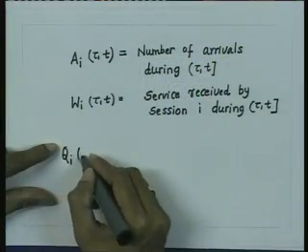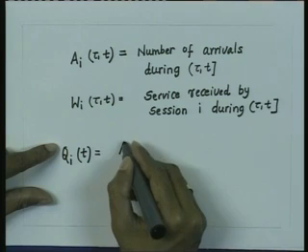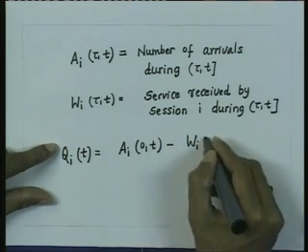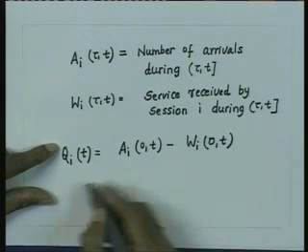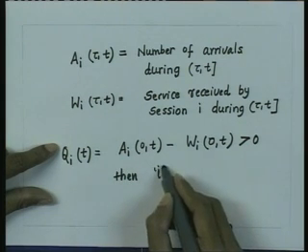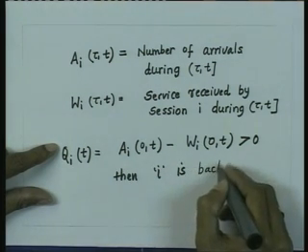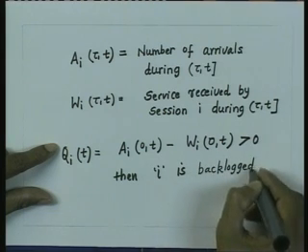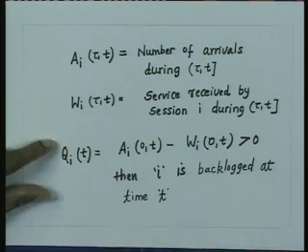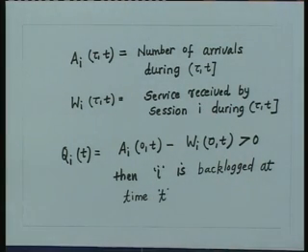We say that a session is backlogged, where Q_i(t) is defined as the number of arrivals from 0 to t minus the number of departures from 0 to t. If Q_i(t) is greater than 0, then session I is backlogged at time t. This is what we had already defined in the previous discussions; I am just recapitulating these definitions.